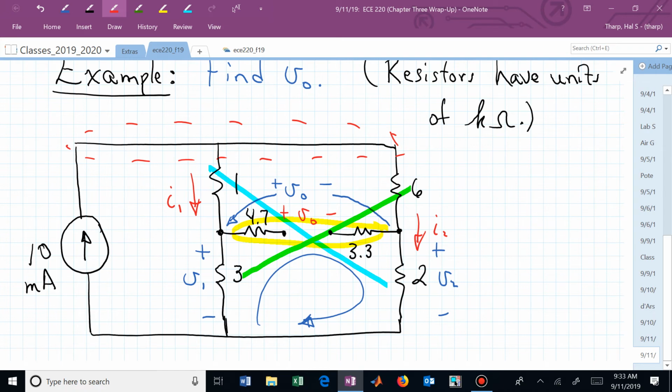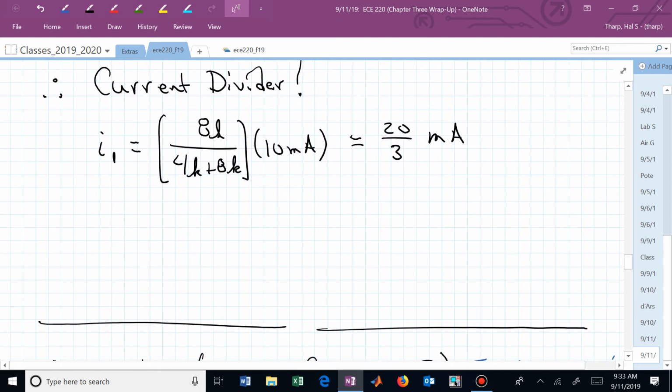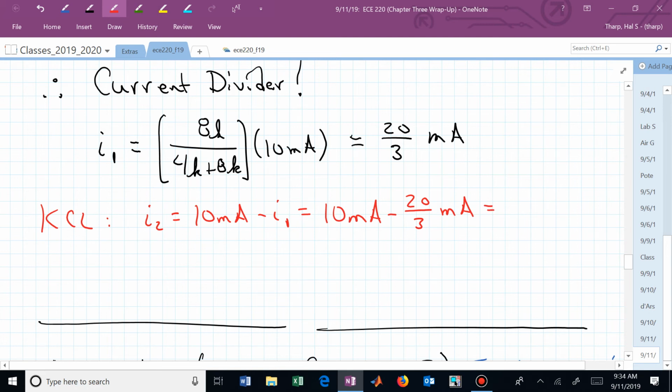I2 is equal to 10 minus I1. I sub 2 is now 10 over 3 milliamps.